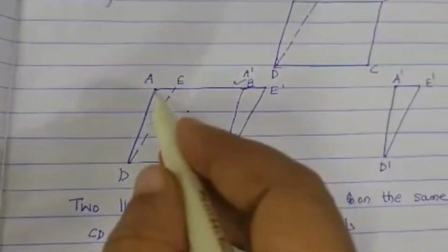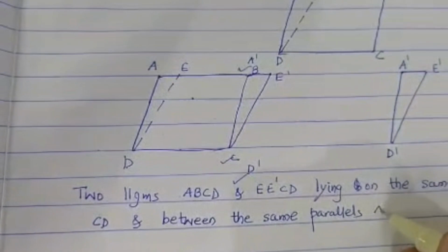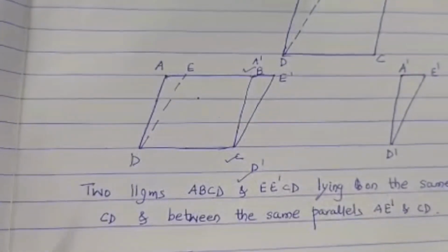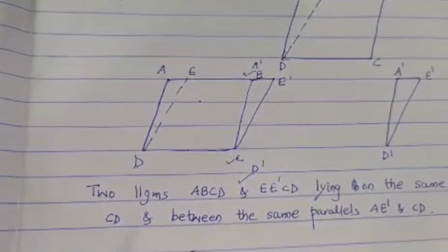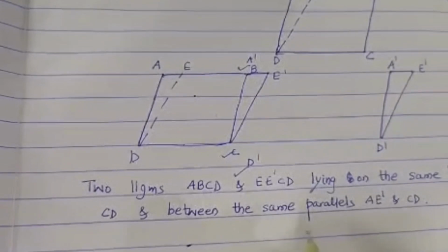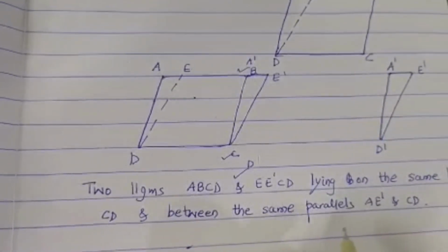and what are the same parallels? AE dash and CD. All right, so there are two parallelograms on the same base and between the same parallels, AE dash and CD.